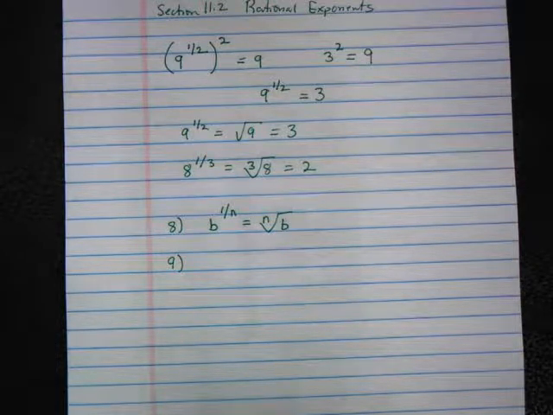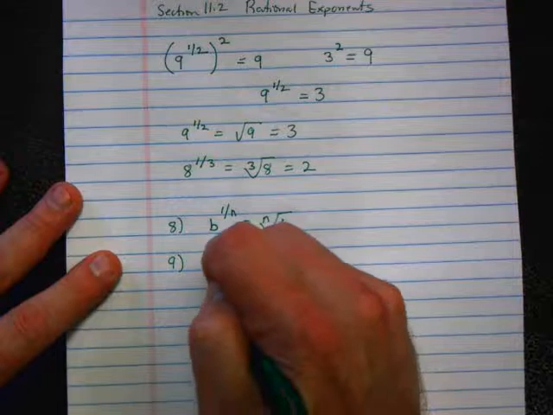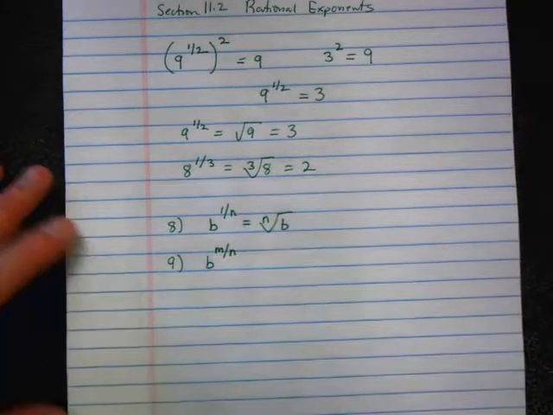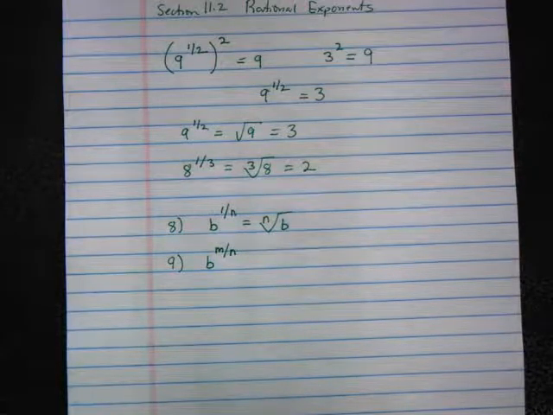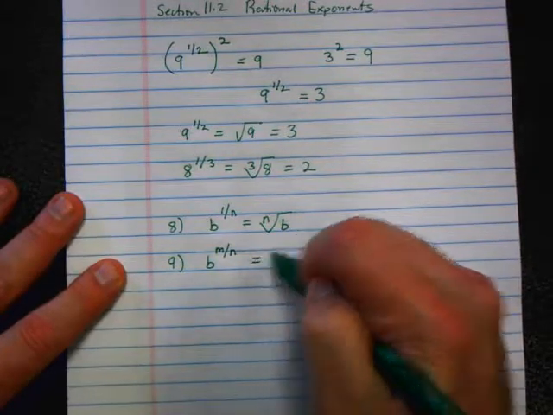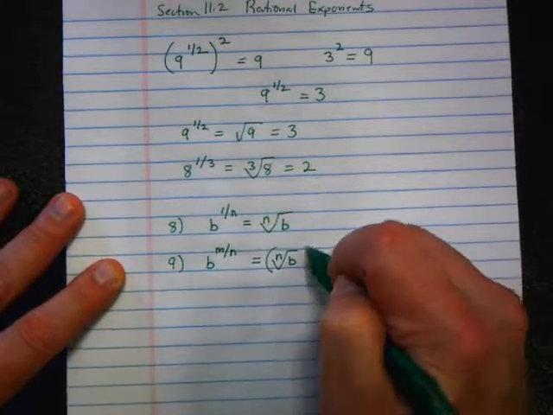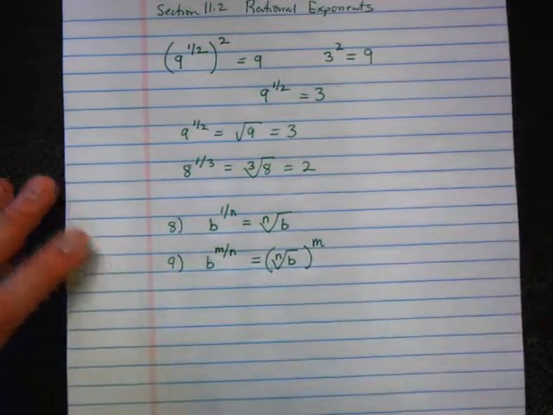That's going to be it. And the last rule is, if I have a base and it has a fractional power, but the top is not the number 1, what that means to do is the bottom number is the root, the top number is the exponent.